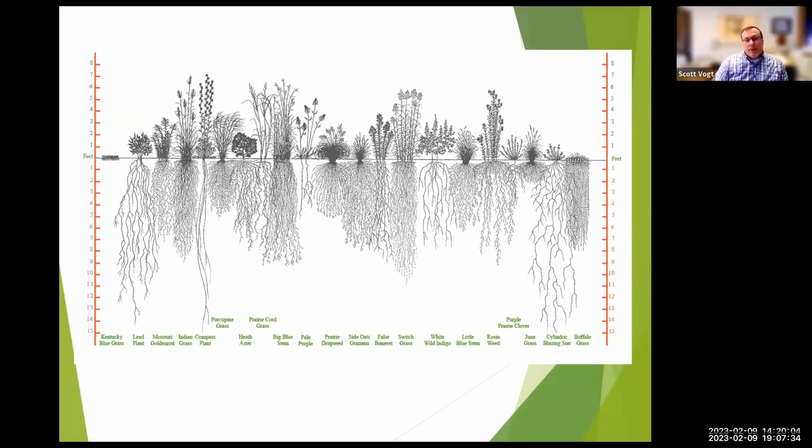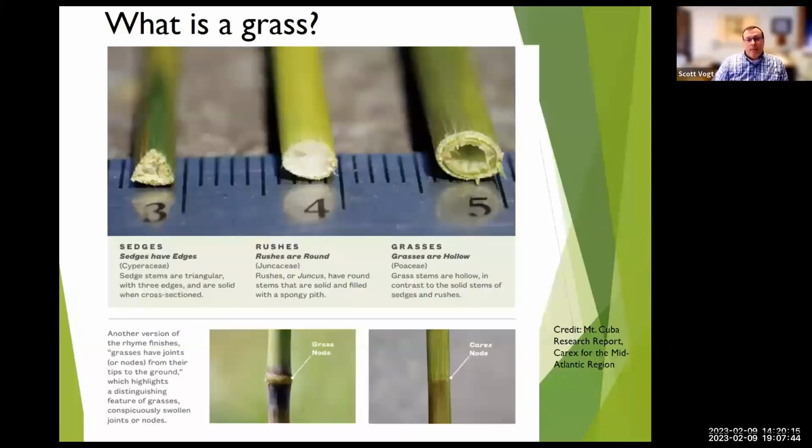But those root systems are 10, 15 feet deep, and that's what makes them really resilient and tough, and can stand up to the rigors of the Kansas climate.